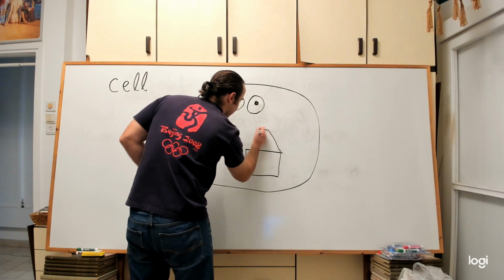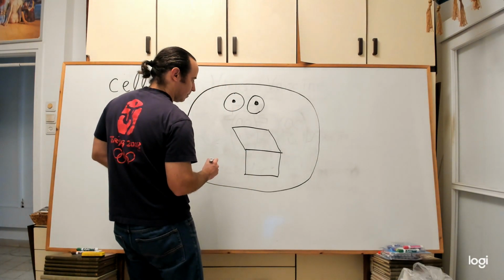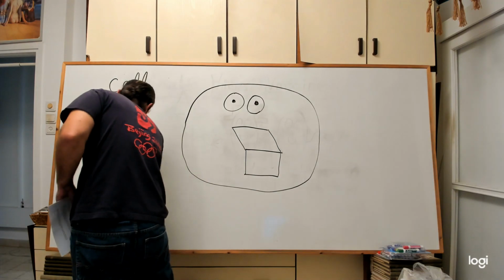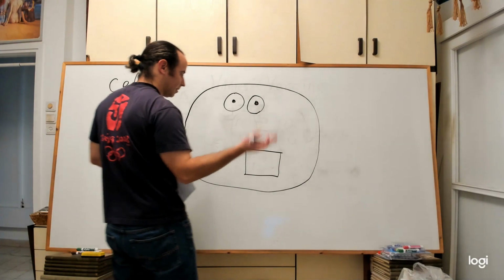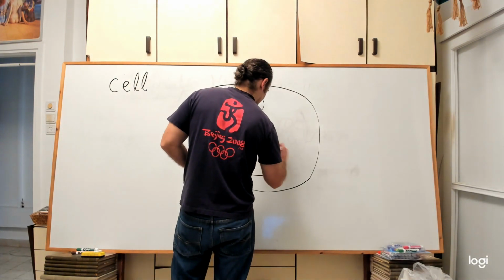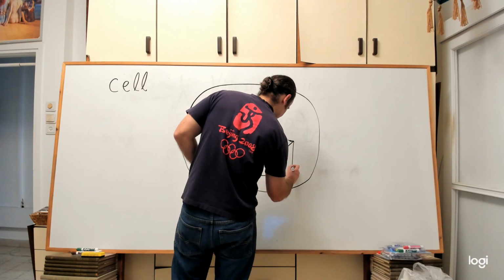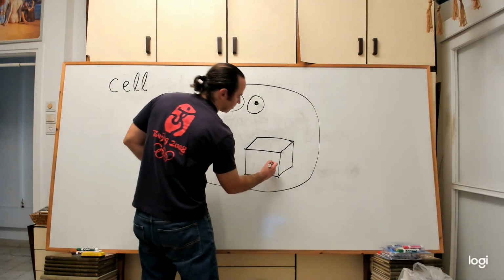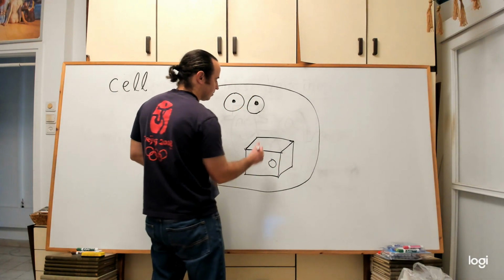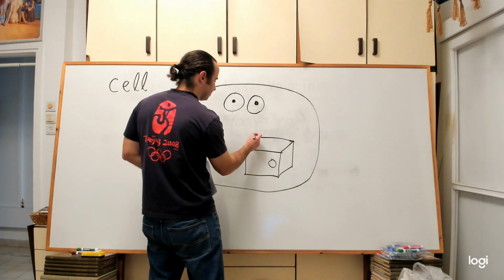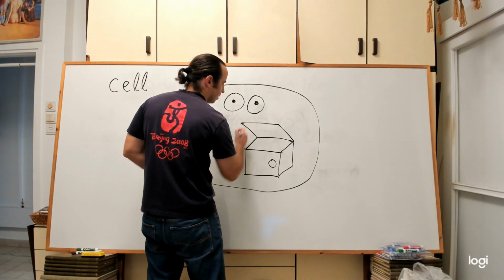Okay, so this is the photocopying machine, and oh, this time I forgot to give it the cover. So this is the photocopying machine. This is the button that you push to photocopy to make another copy, and this is the cover.